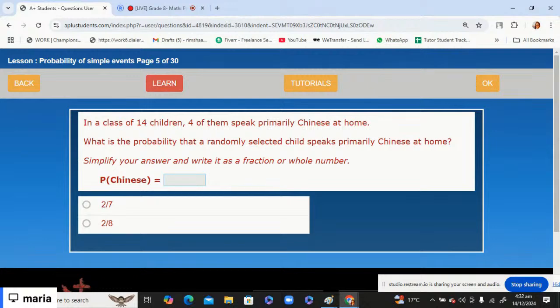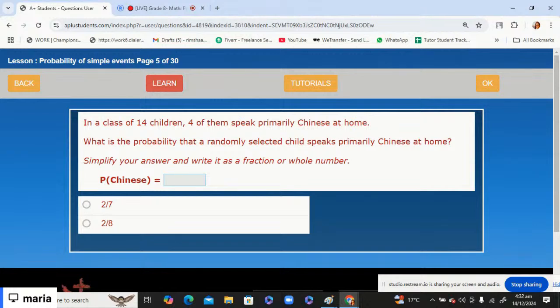In a class of 14 children, 4 of them speak primarily Chinese at home. What is the probability that a randomly selected child speaks primarily Chinese at home? Simplify your answer and write it as a fraction or as a whole number. So you're going to find the probability of Chinese.